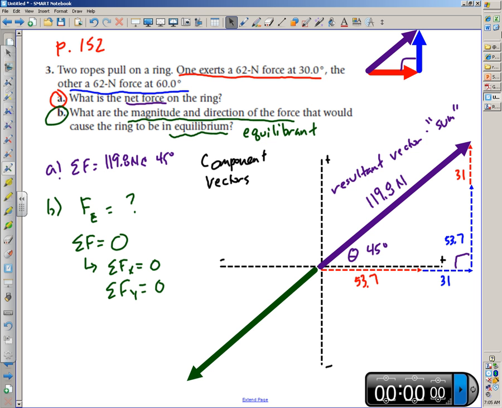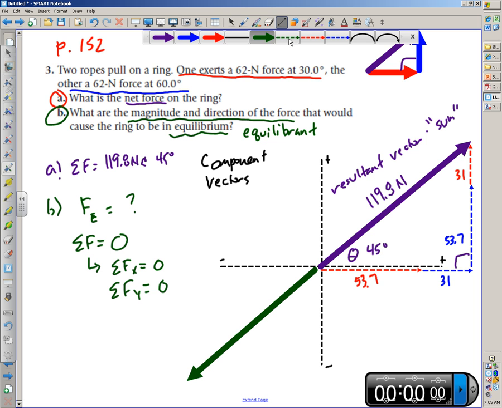But, taking it back to our definitions here of how we define equilibrium in 2 dimensions, hopefully you can see that, all right, if I have the total of this red component and this blue component on the horizontal axis, and they're both pointing to the right, I'm going to have a force that points this way.